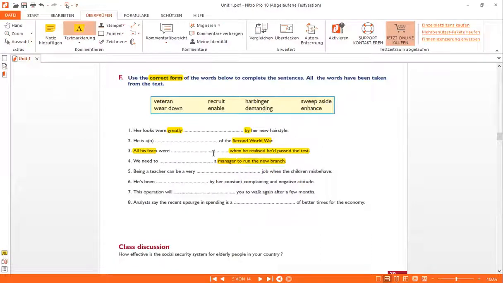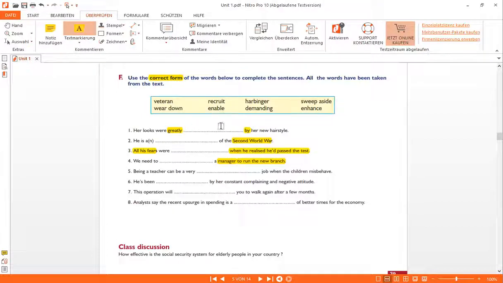And again, you want to look for clues in the text, clues that will point you to the right word. Her looks were greatly gapped by. We use the preposition by, which typically follows the past participle of a particular verb.